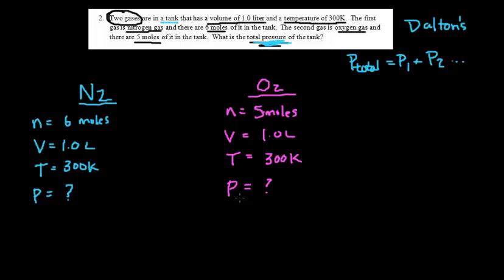And so if I want to add this pressure of oxygen, pressure of O2, to the pressure of nitrogen, pressure of N2, I need to find these pressures.